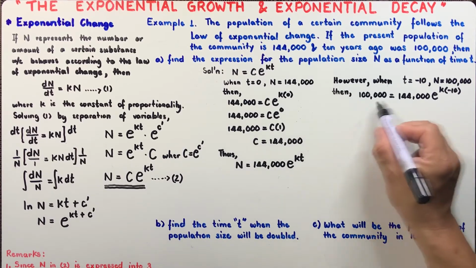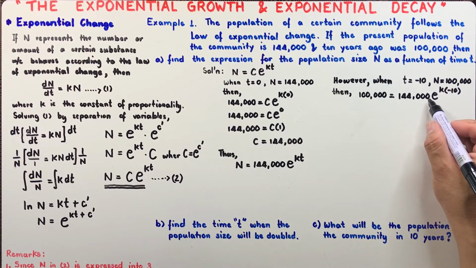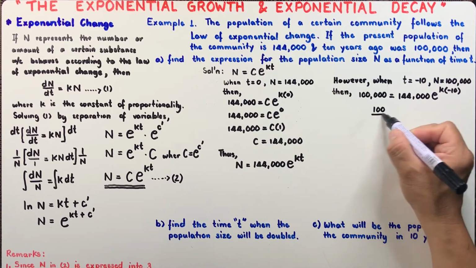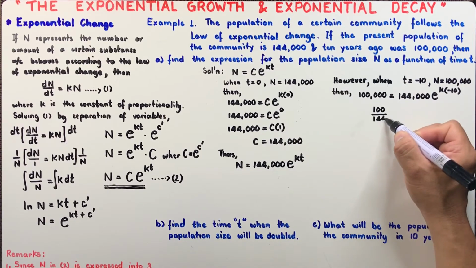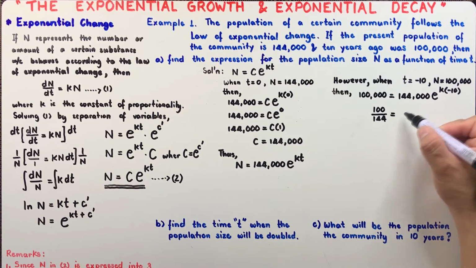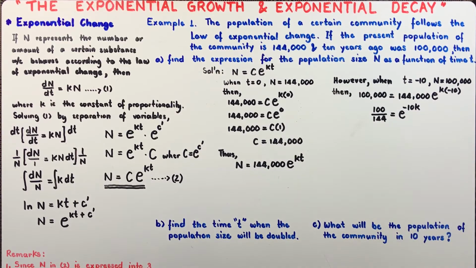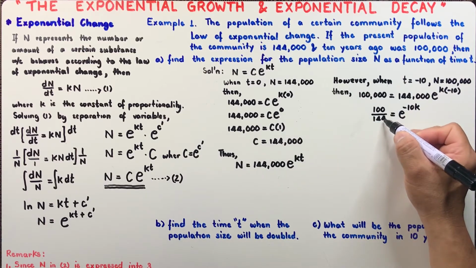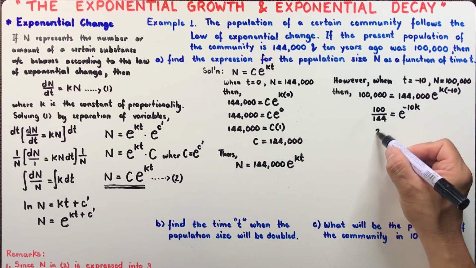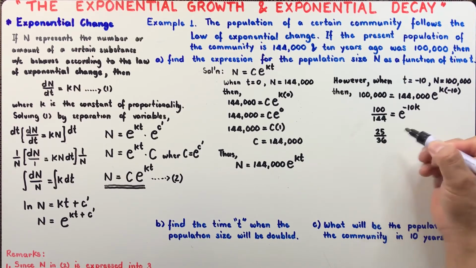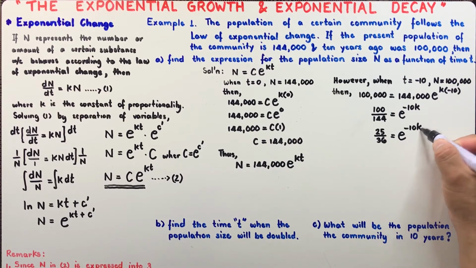And dividing both sides of the equation by 144,000, we have 100 over 144, and this is equal to e to the power -10k. Now, reducing this to the lowest term, we have 25 over 36, which is equal to e to the power -10k.